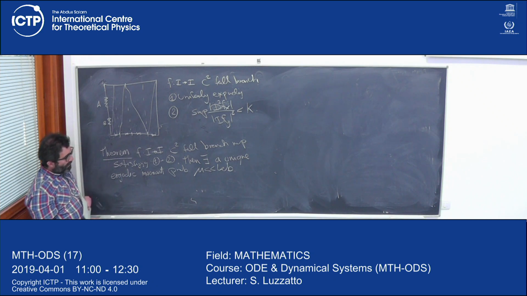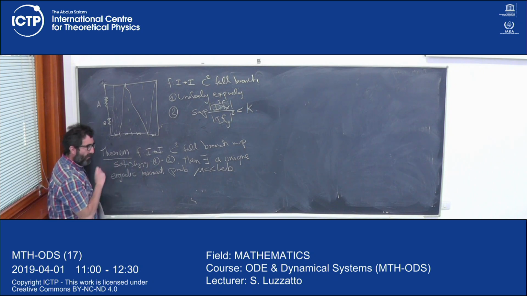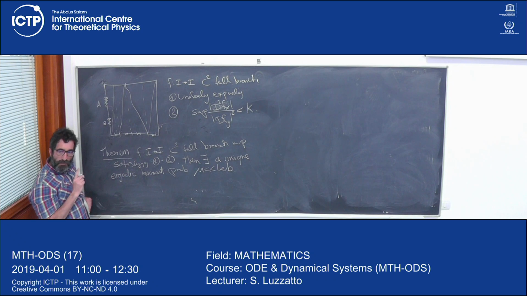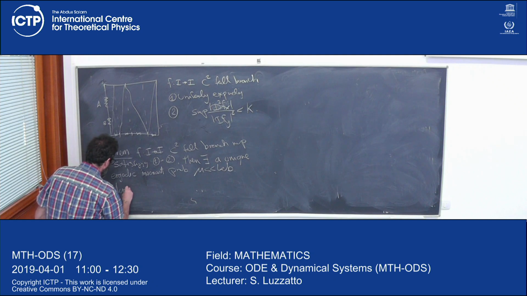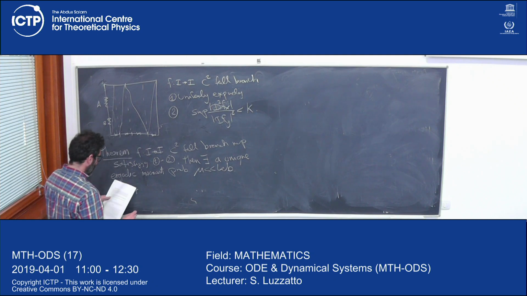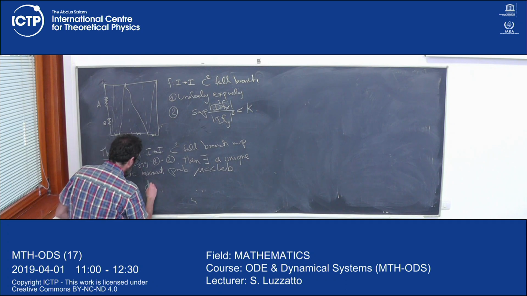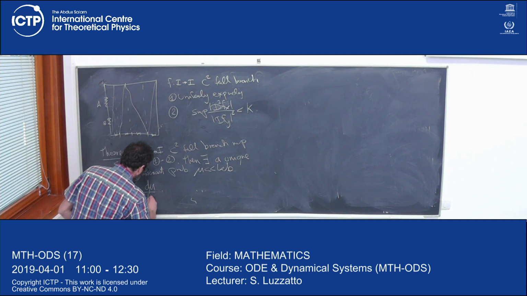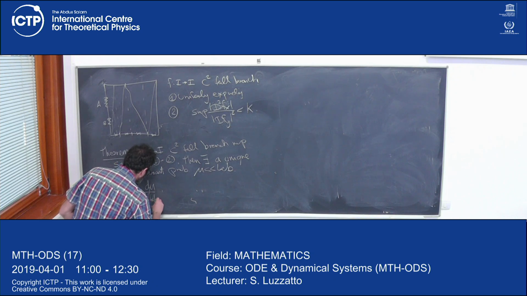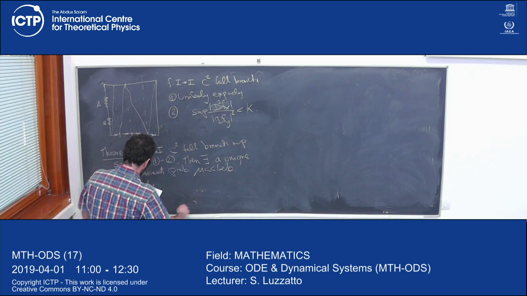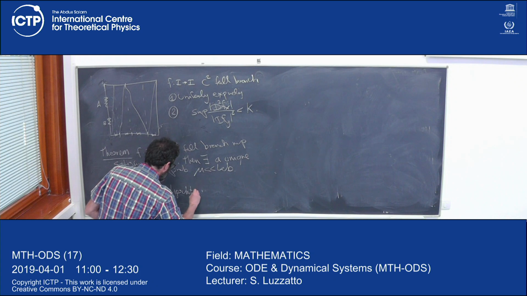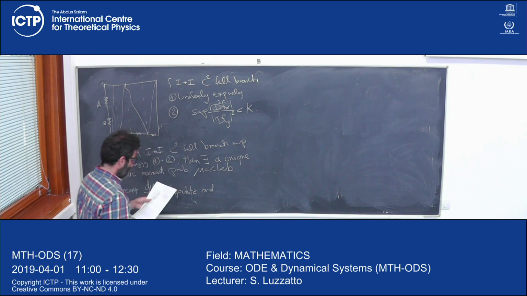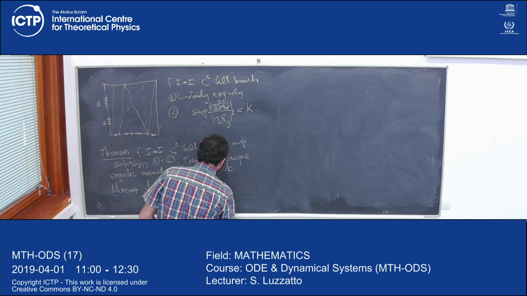We will show a little bit more structure of this measure. If you remember, whenever a measure is absolutely continuous, you have the Radon-Nikodym derivative of this measure with respect to the Lebesgue, so it's the density. So we have a little bit more information: moreover, d mu by d Lebesgue is Lipschitz continuous, and bounded above and below.